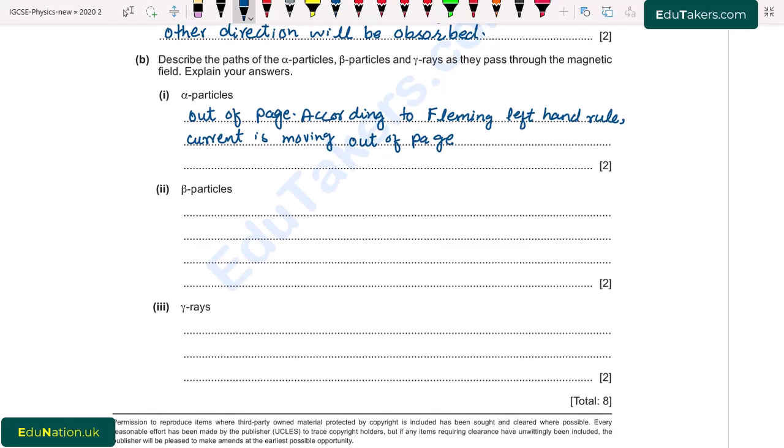That's why the alpha particle moves in the same direction as that of current.